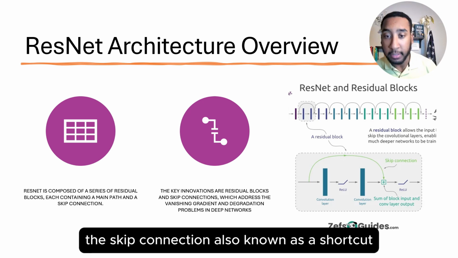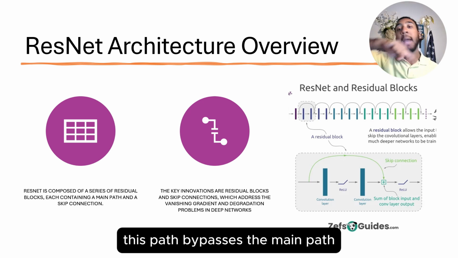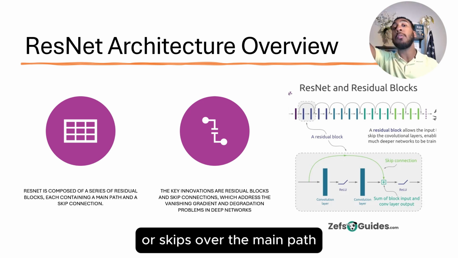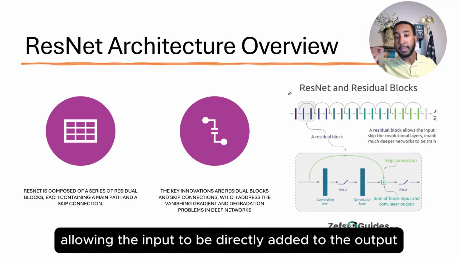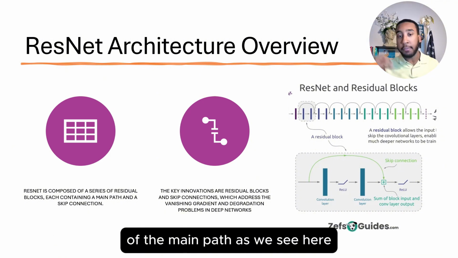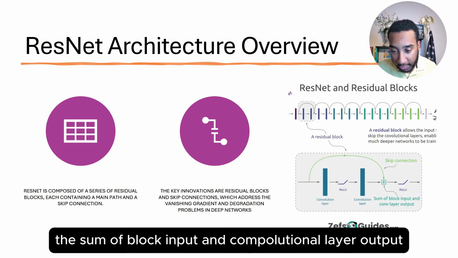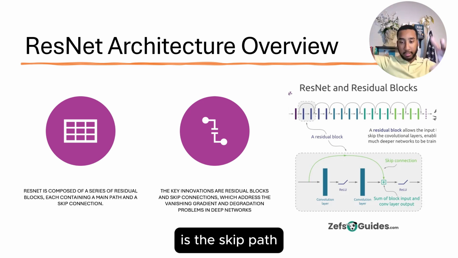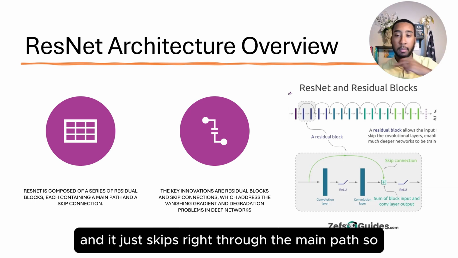Last but not least, the skip connection, also known as a shortcut, bypasses or skips over the main path, allowing the input to be directly added to the output of the main path. As we see here, the sum of block input and convolutional layer output is the skip path, and it just skips right through the main path.